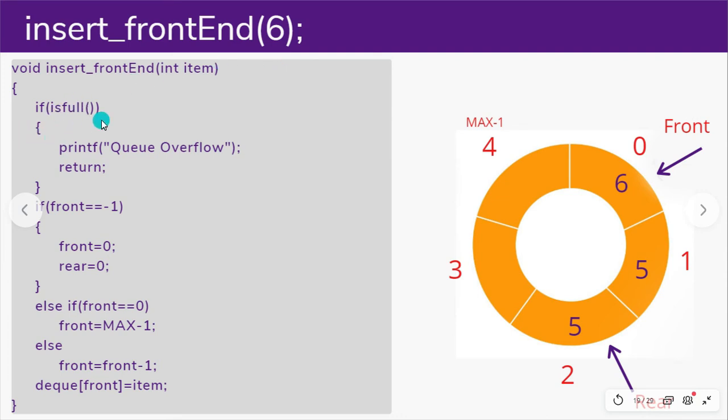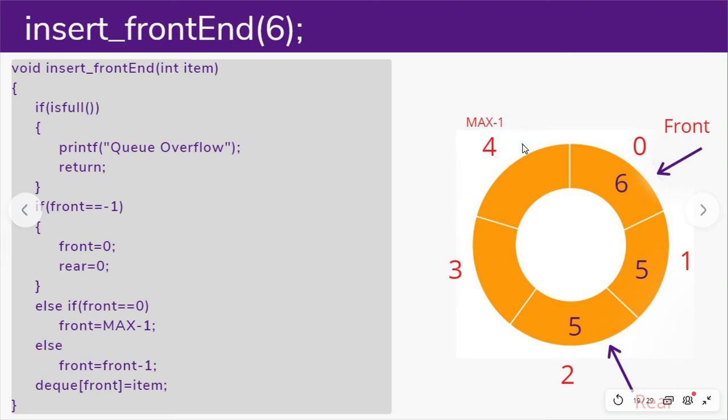So first again we will check for the is full condition, but no, this is not full. It would come to the second if, it would check whether front equals to minus 1, but no, this condition is also false. Then it would come to the else if part, if front equals to 0, yes, now this condition is true, our front is pointing to 0, right. Then it would set our front equal to max minus 1, that is front would point to now 4.